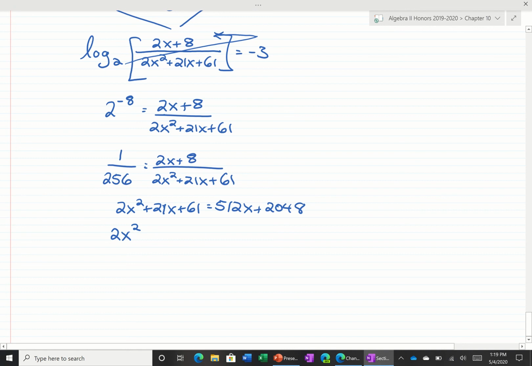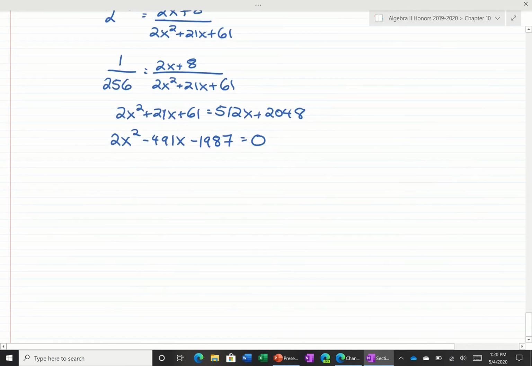I'll bring the 512 over. And I'll bring the 2048 over. And that's a mess. So what I'm going to do here is use the quadratic formula, and hopefully that'll give us our answers.